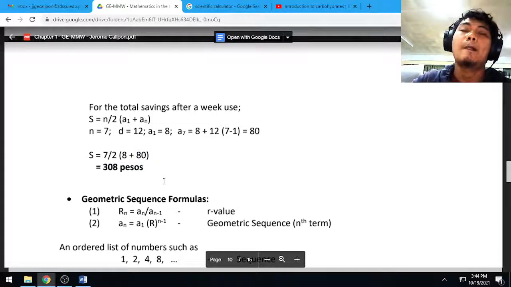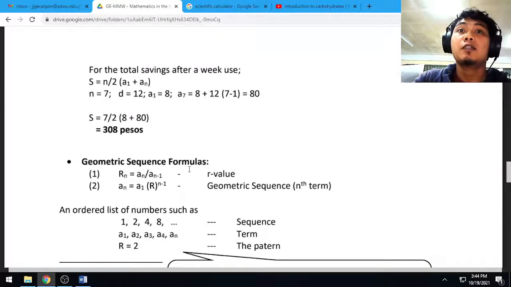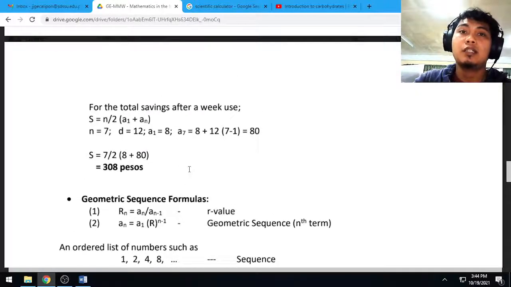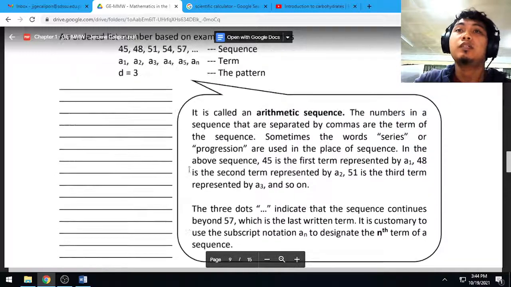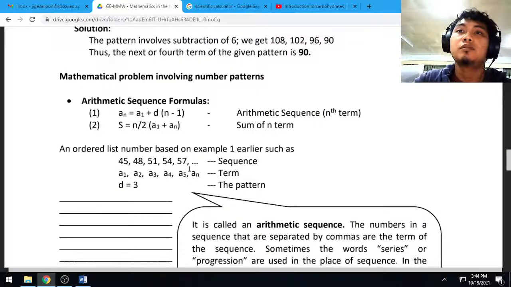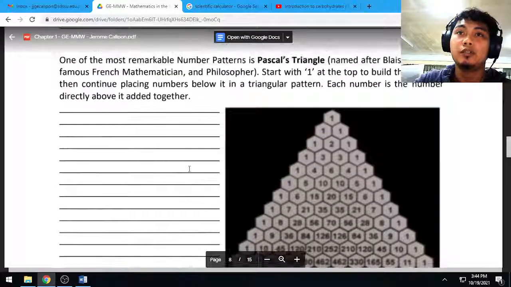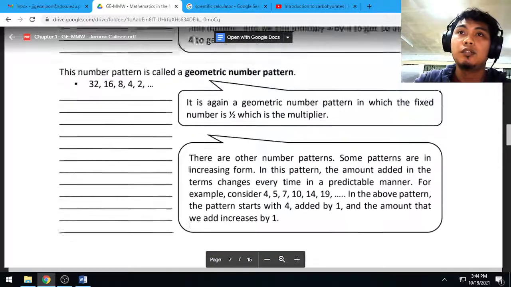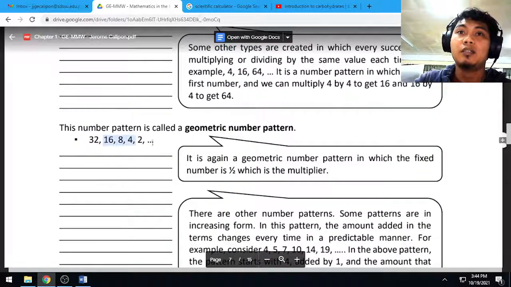Ganun. Now, next naman topic natin, try natin i-solve: paano naman yung mga geometric sequence? Ito is arithmetic, yung i-add mo lang or i-subtract. Now, how about naman tong ganitong pattern? Sinasabi natin kanina, yung i-multiply, i-divide.